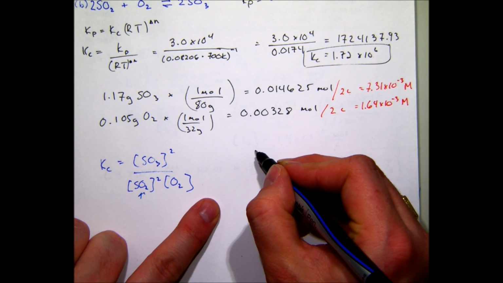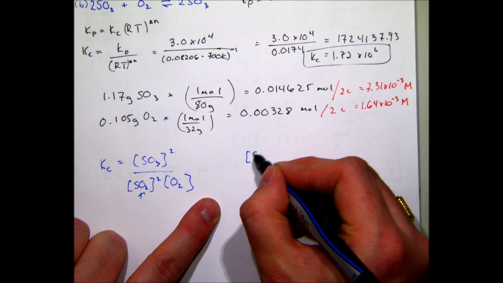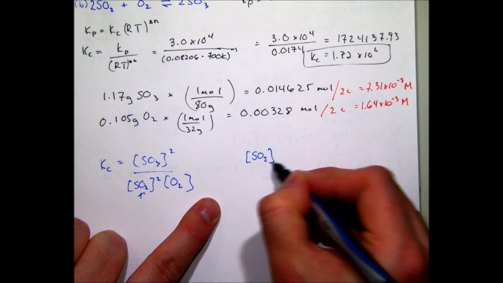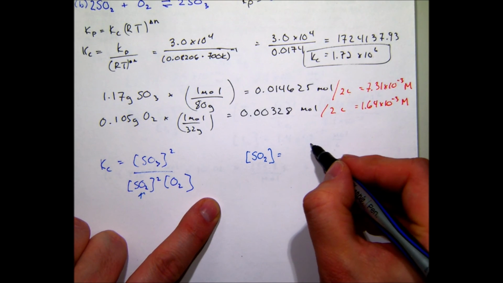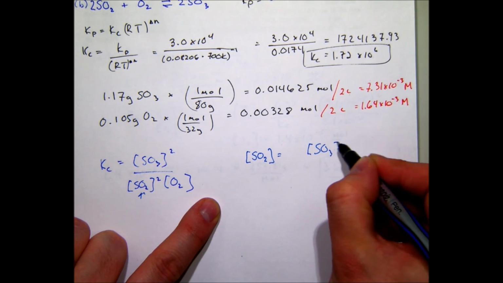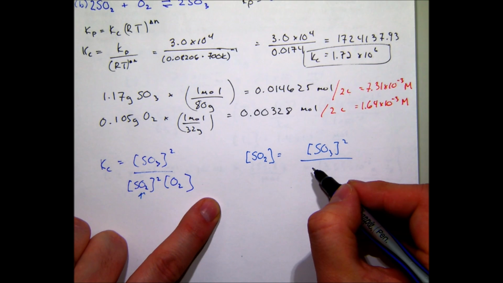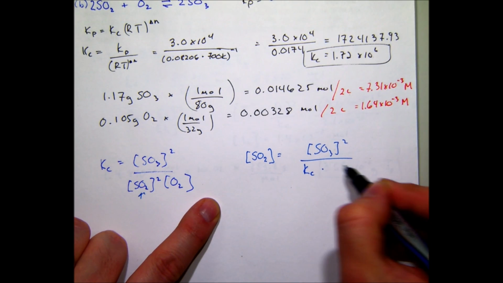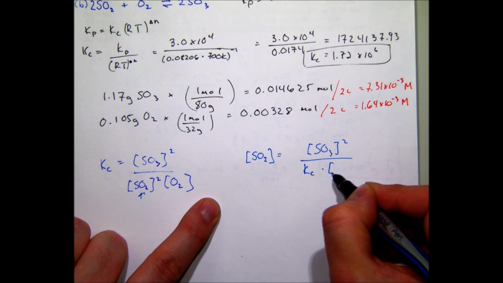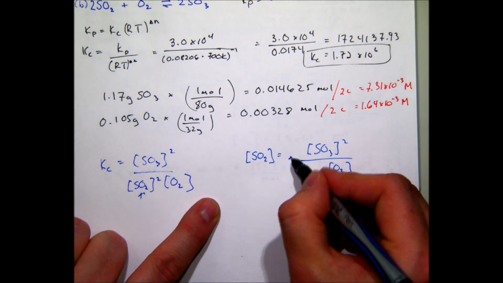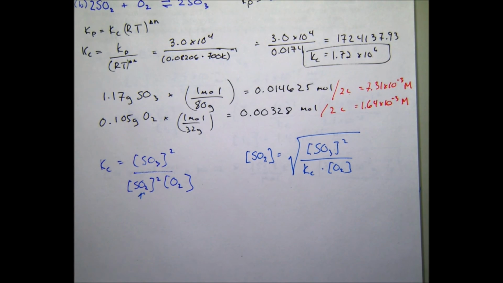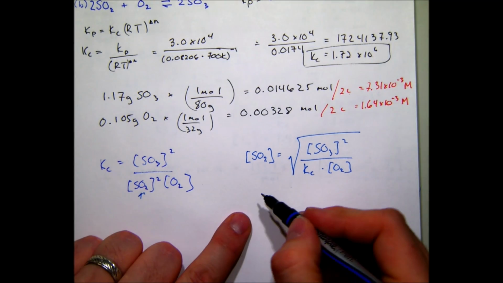We can write the concentration of SO2 is equal to the concentration of SO3 squared over Kc times the concentration of O2, and take the root of the whole thing to get rid of the square.